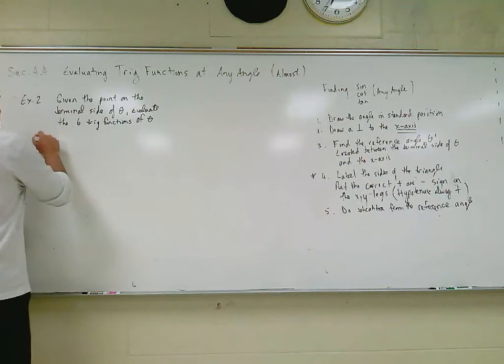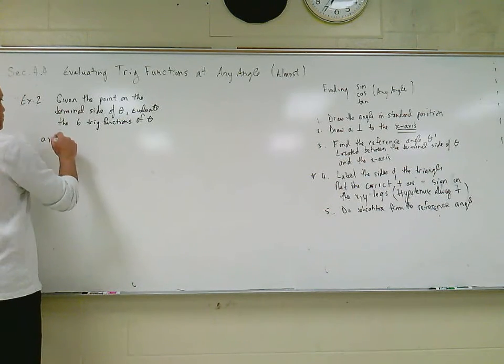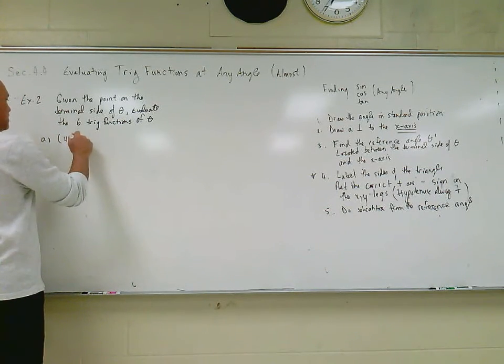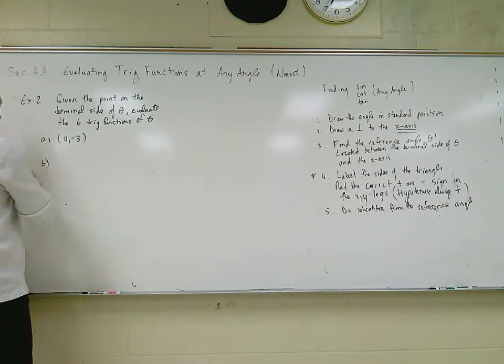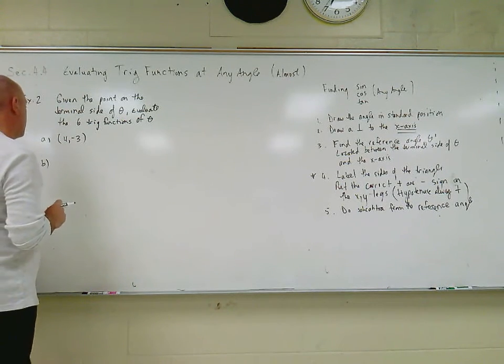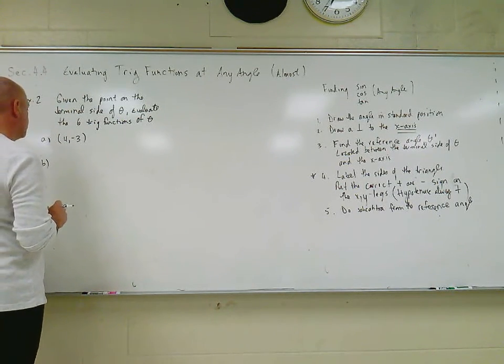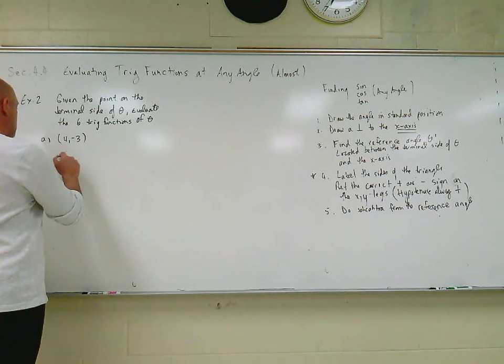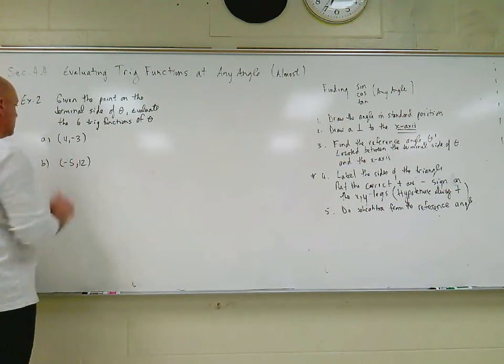All right. So part A, the point would be (4, -3). And part B, the point will be (-5, 12). All right.